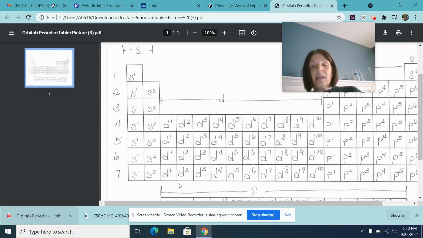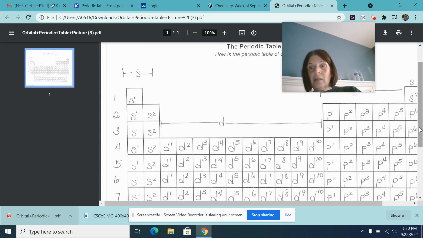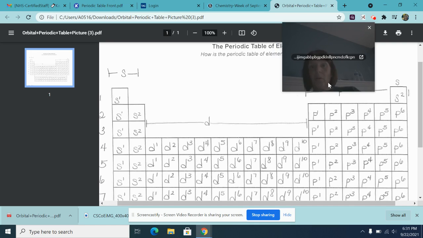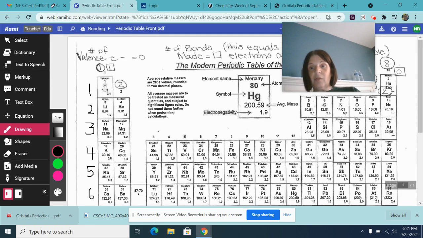And anything on the far right, other than helium, which is an s, would be in the p sublevel or the p orbital, and that corresponds to this region right here in our periodic table.